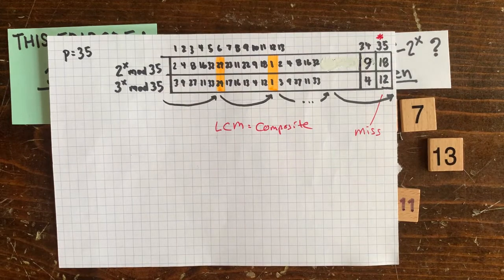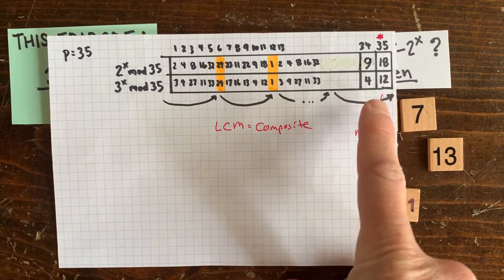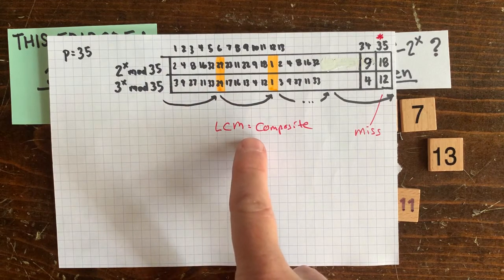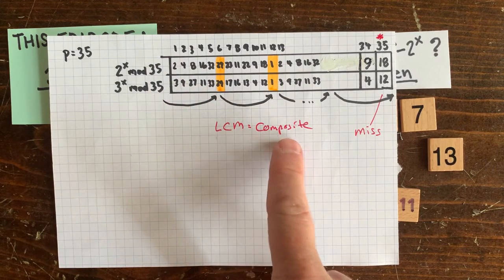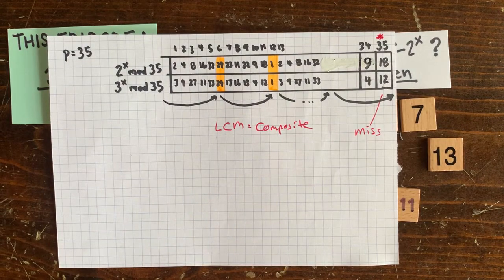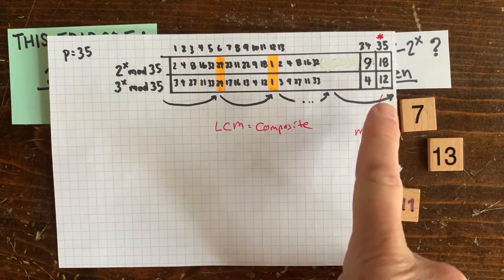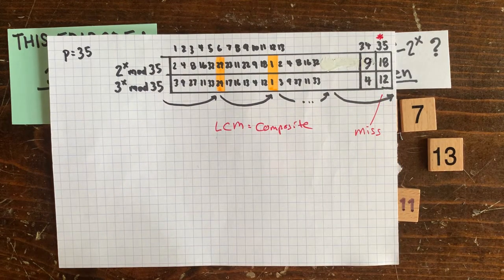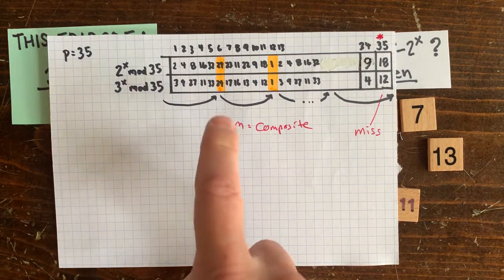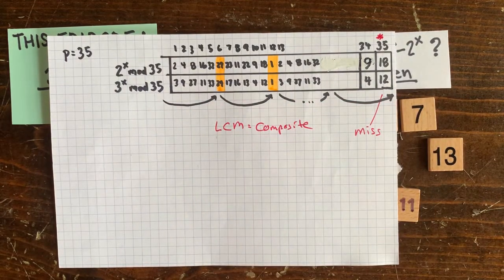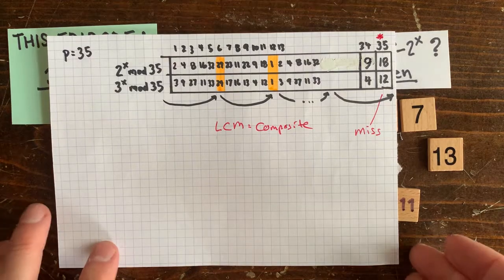But 35 divides 3^x minus 2^x exactly every sixth x, because 6 is the least common multiple of the periods of 5 and 7. And that means this period 6 is a composite number. But to hit 35, we'd need the period to be every fifth x or every seventh x, which are primes. So it's going to miss. And that means 3^35 doesn't equal 2^35 mod 35.